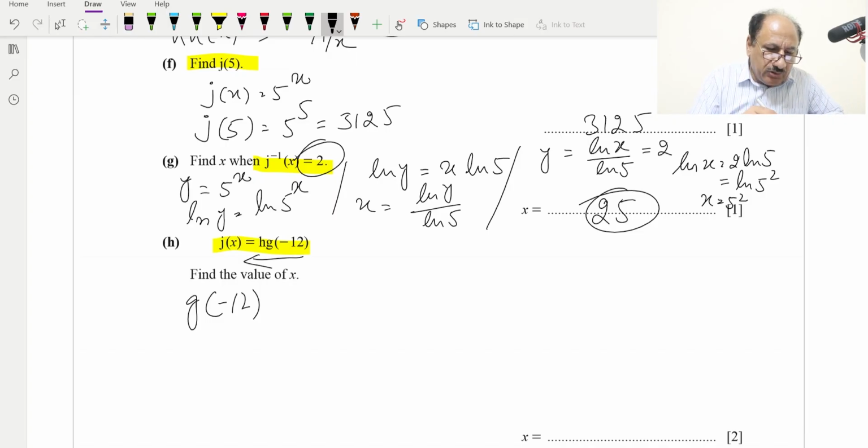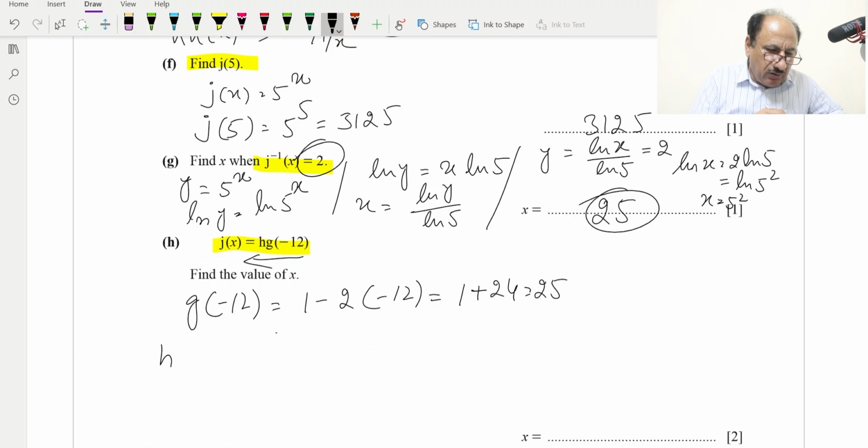So g of minus 12 will be equal to what? G of minus 12 will be 1 minus 2 into minus 12, because g of x is 1 minus 2x. So x we have replaced with minus 12. So this will be equal to 1 plus 24, which is equal to 25. So g of minus 12 is equal to 25.